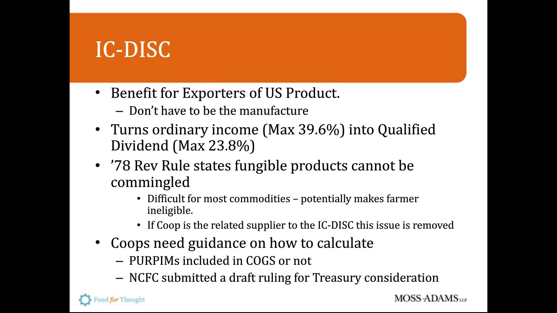And it also has impacts on the farmers, because if they're not including those per-unit retains in income and it goes back out to them as a qualified dividend instead of a normal check for whatever their commodity was, it's likely that a lot of farmers will be showing some losses on their Schedule Fs and a whole lot of income on their Schedule Bs as qualified dividends.